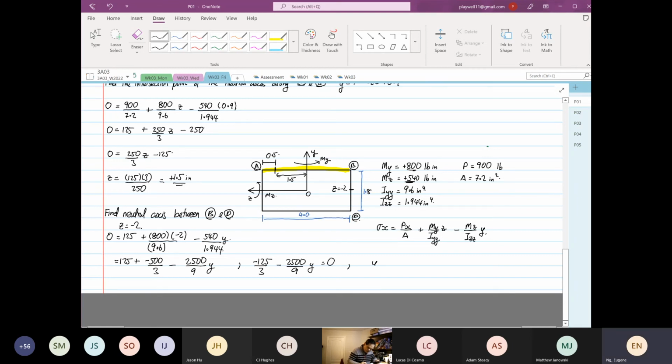So therefore y will be equal to minus 125 over 3 multiplied by 9 divided by 2500. Okay, so 125 times 9 divided by 3 divided by 2500 is equal to minus 0.15. Okay, let me do it again. Minus 125 divided by 3 times 9 divided by 2500, minus 0.15.